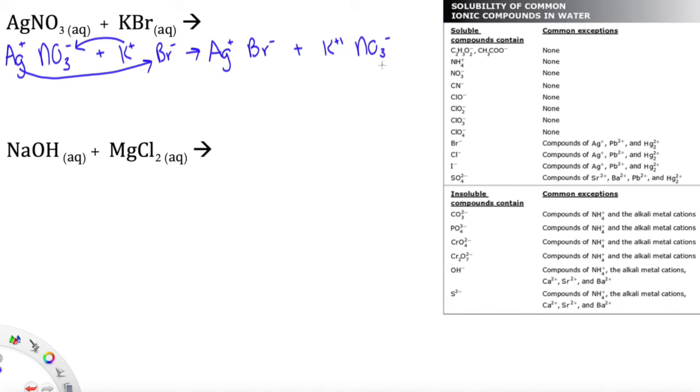Okay, so now that I have the ions' new partners paired up with them, I can go ahead and figure out what my balanced formulas are going to be. And earlier in this year, we learned about the crisscross method, where we drop the signs and we take those numbers and we crisscross them. However, if the charges are equal and opposite, meaning we've got a +1 here and a -1 here, then we can just drop them all and write the formula because we know they're going to be occurring in a 1-to-1 ratio.